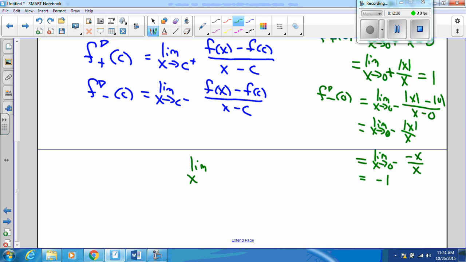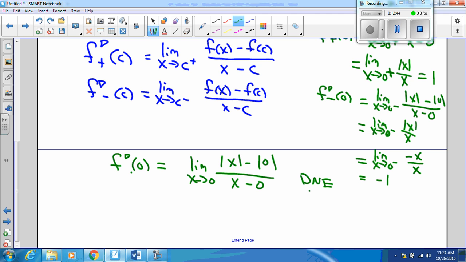This means that if I take the limit as x goes to 0 of this guy right here, which is equal to f prime of 0, then we would say that because the limit from the left and the limit from the right are different values, the overall limit does not exist. That's right.